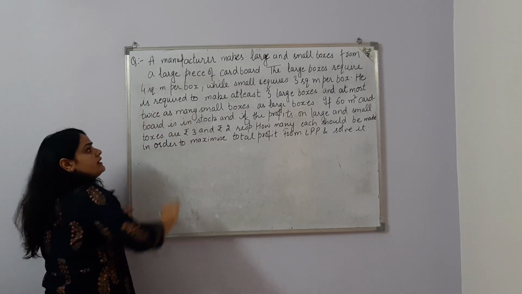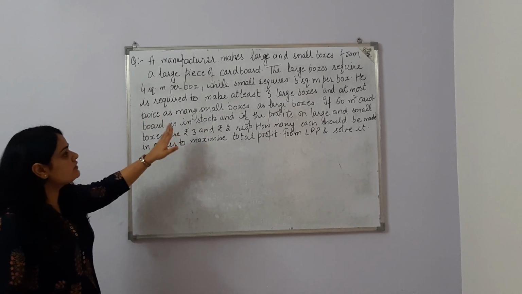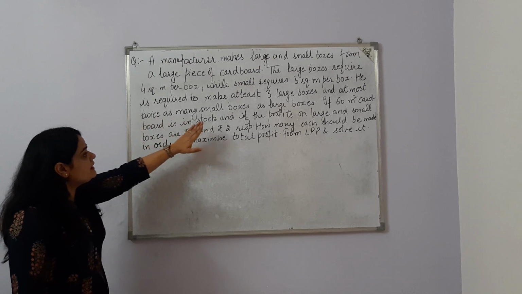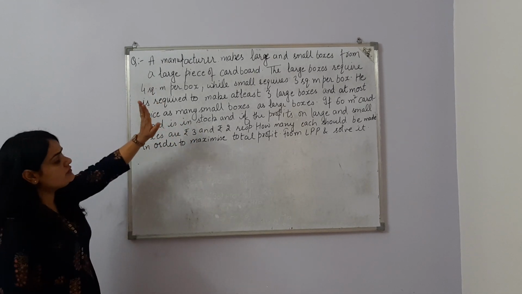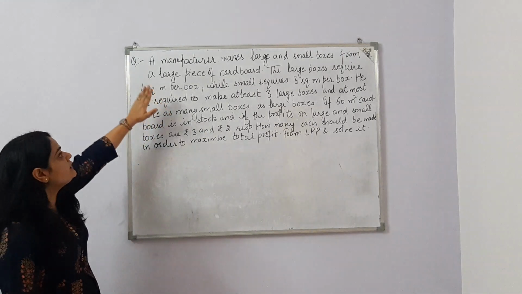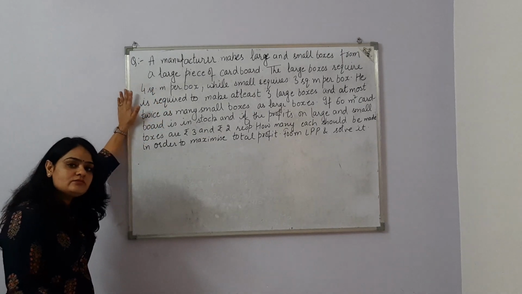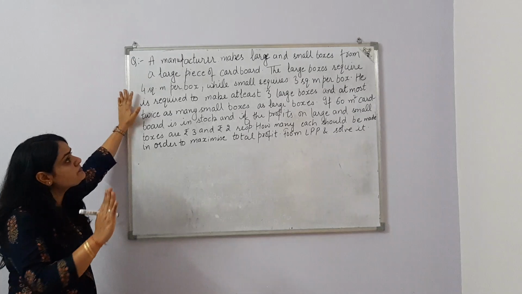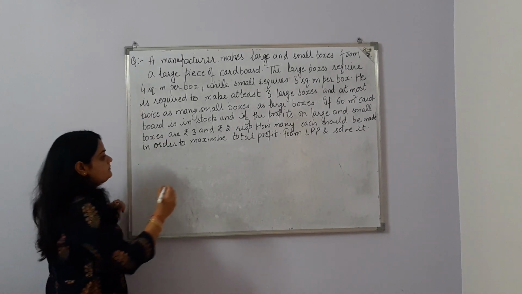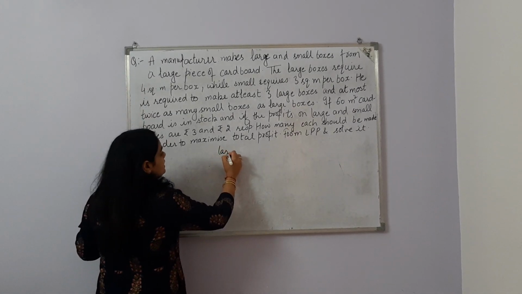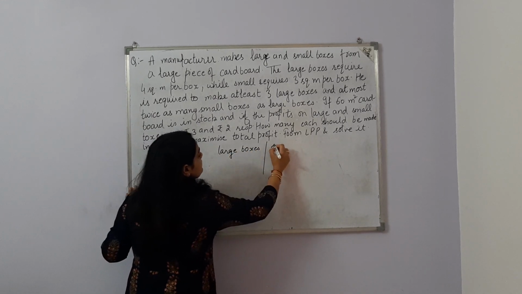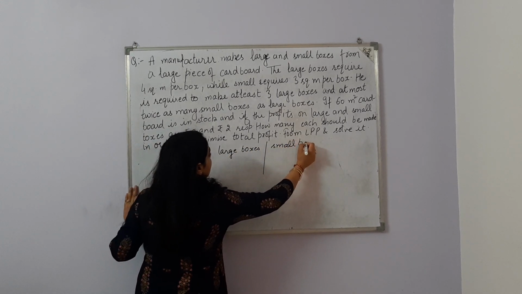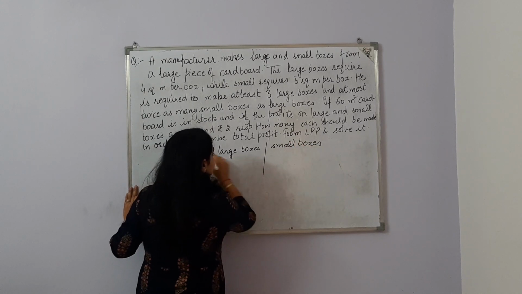He is required to make at least 3 large boxes and at most twice as many small boxes as large boxes. This is another scenario, where the manufacturer is now making 2 types of boxes, one large and one small.